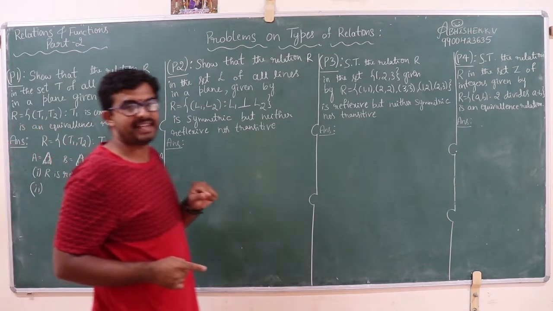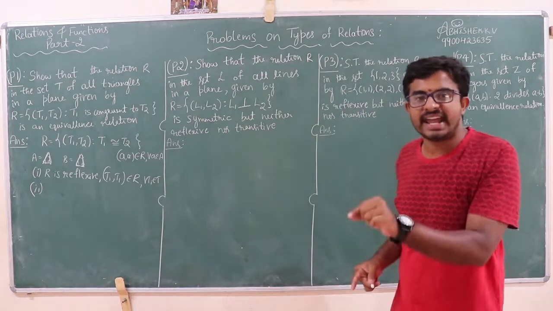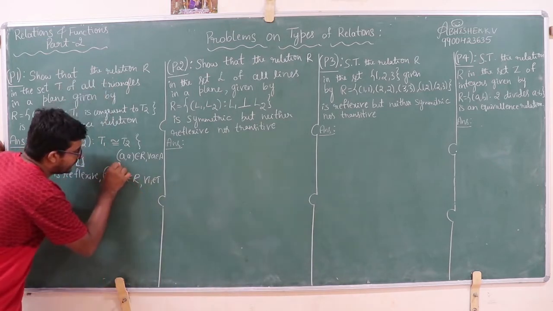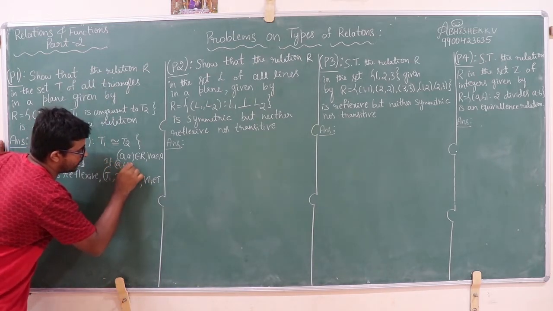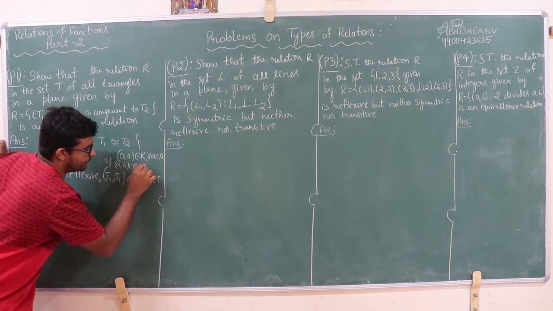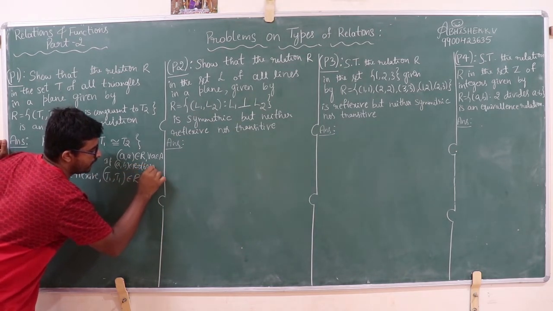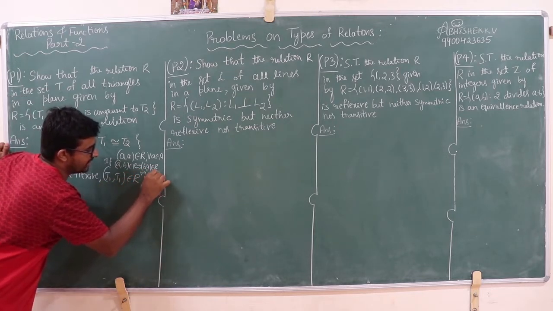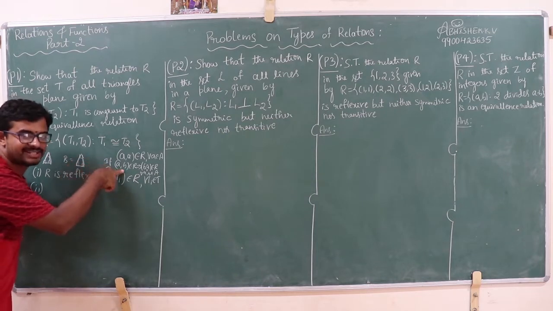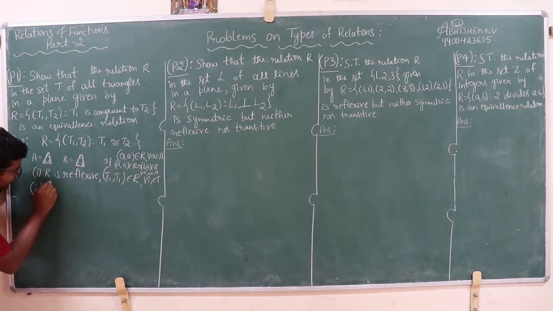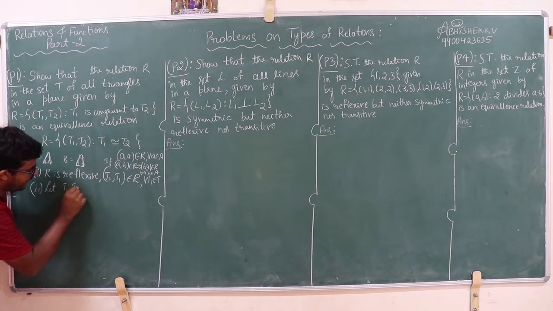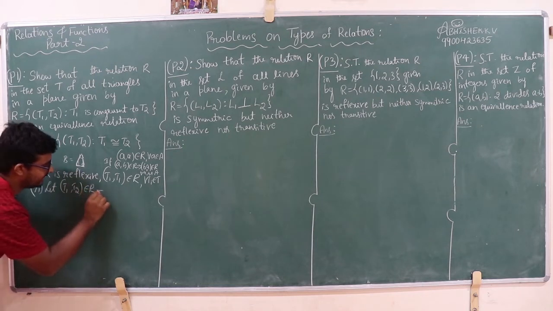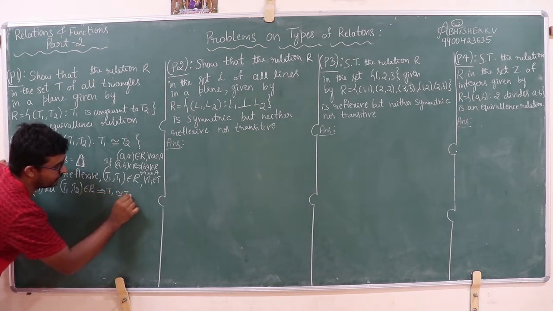See, for symmetric we need to consider two triangles. What does the symmetric property say? A relation R on a given set A is said to be symmetric if the ordered pair AB belongs to the relation, this should imply BA belongs to the relation, for all A comma B belonging to the given set A. Then only we say the given relation is symmetric, right? See, let T1 and T2 belong to the relation R. According to the given relation, this implies T1 is congruent to T2.